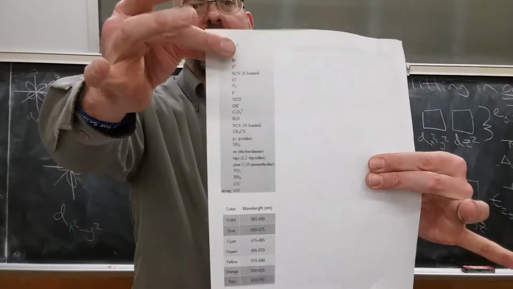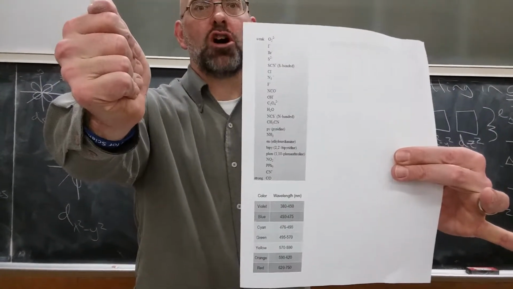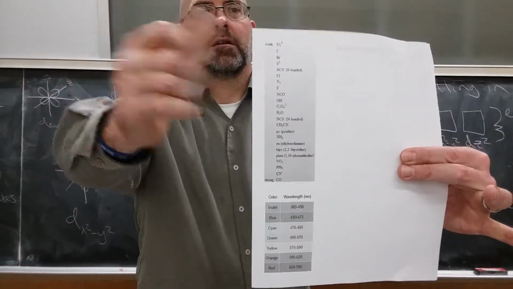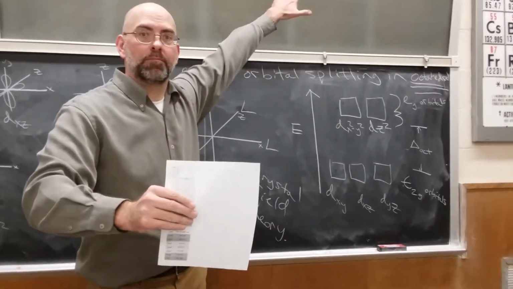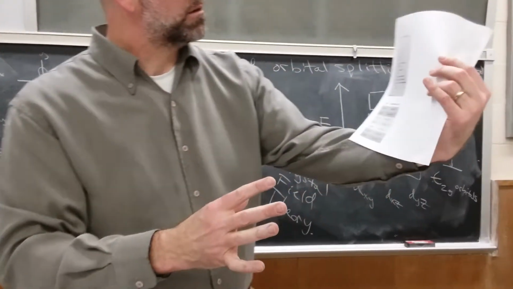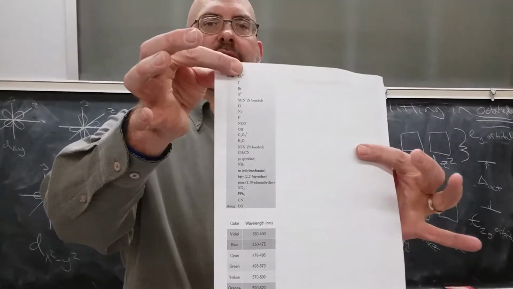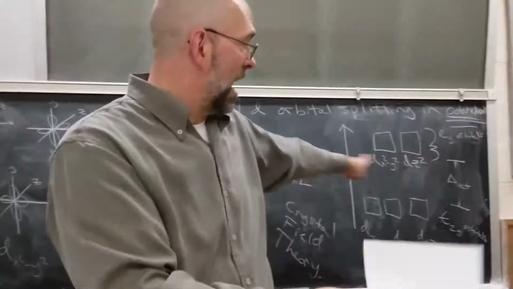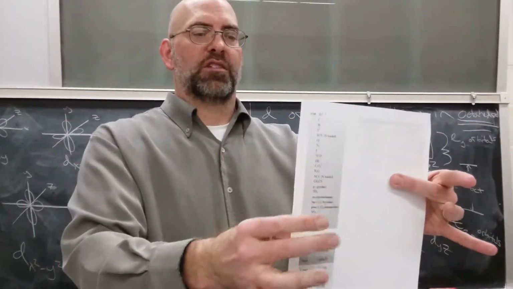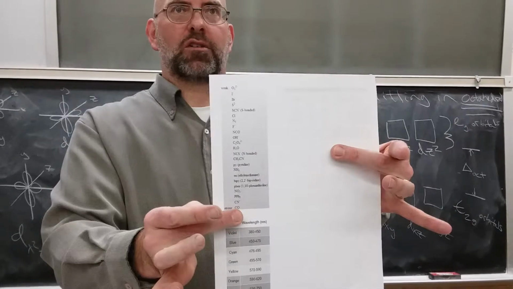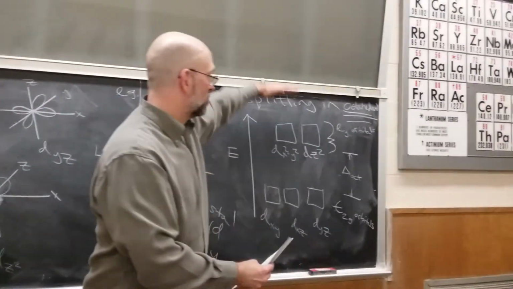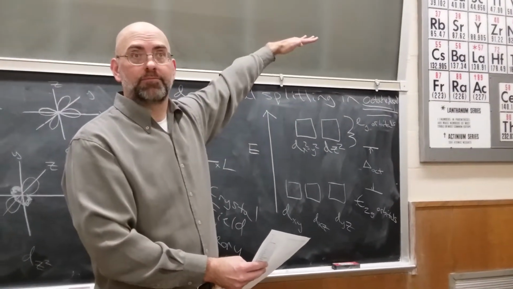The ligands at the top, which are called strong field ligands, make a big gap. The ones at the bottom, I think, oops, I said that the exact opposite. The ones at the top are what are called weak field ligands, small gap. The ones at the bottom are strong field ligands, and they make a much, much larger gap.